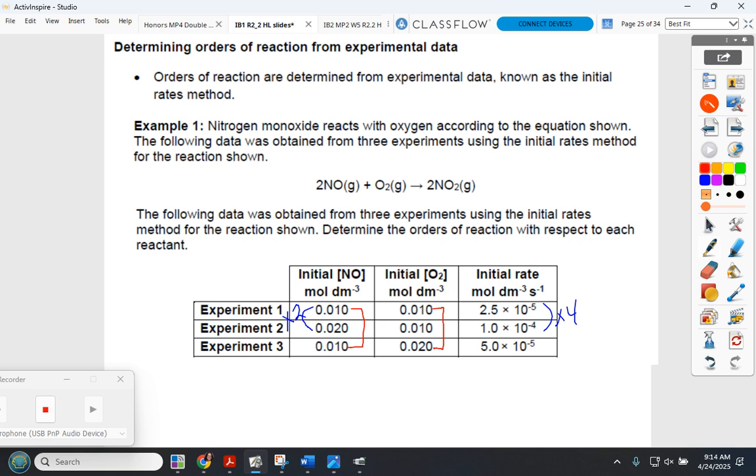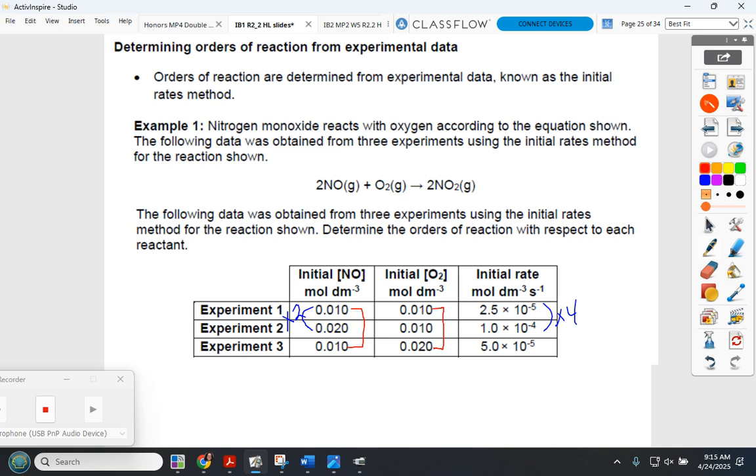And you will have examples that might have 3 things, or might have other versions of this. This is the simplest version, where we double one concentration, then we double the other concentration, and we get the rates. But it can be more complicated, so you have to really think about, okay, which 2 experiments am I comparing to get any particular relationship?